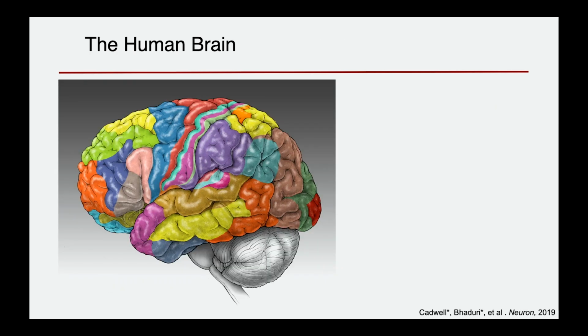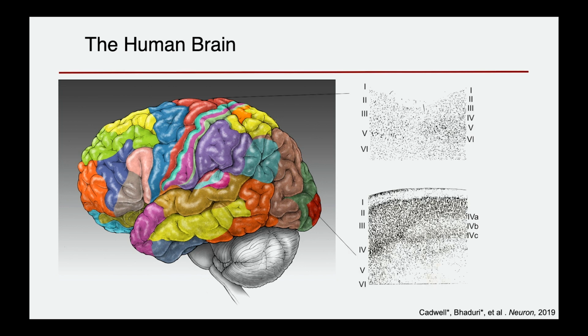So I'm sure you don't need an introduction to the human brain, but if we do think about the brain and the outermost layer of the brain, the cerebral cortex, we can see that it is incredibly important to a lot of functions that we consider to be very human. The outer layer of the brain, the cortex, is divided into functional regions, and these are demarked here in this schematic. And as you can see, although they are generally similar in their 6-layer structure of neurons that are organized, even just anatomically, for over 100 years, we've known that these 6 layers have differences in density between the different areas.